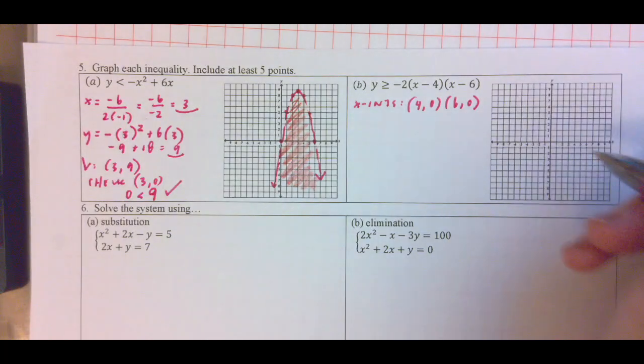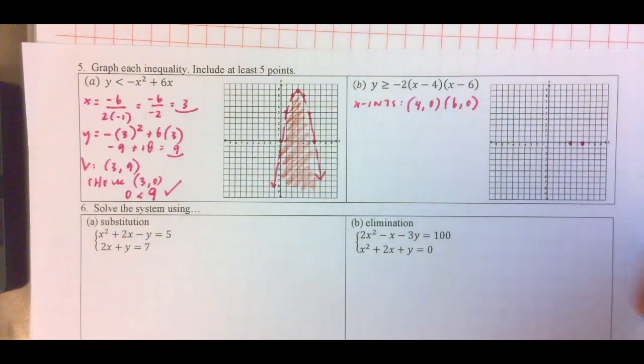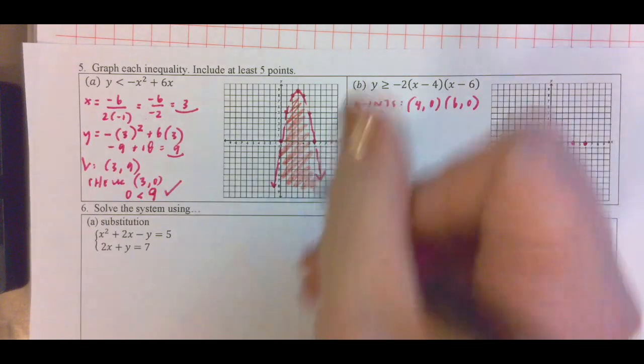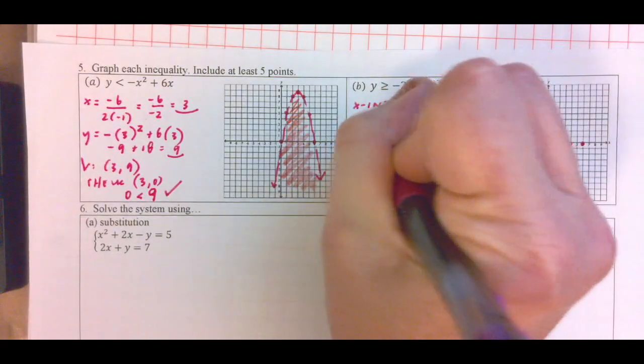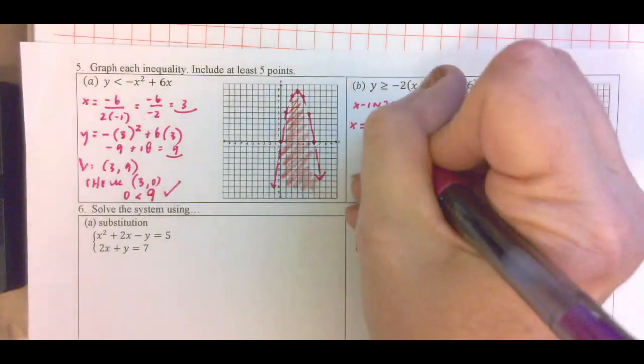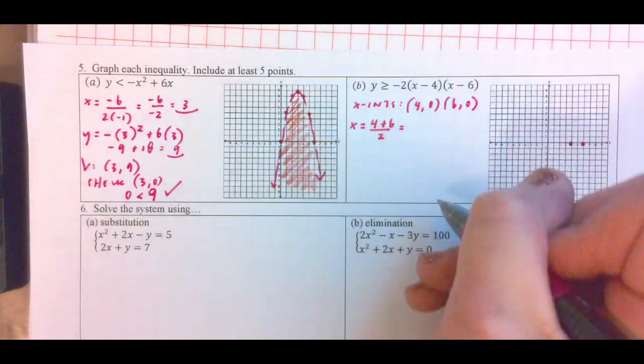I'm going to go ahead and plot those on my graph. And I know that my line of symmetry would be right in the middle. If I want to confirm that, I know that x equals p plus q over 2. 4 plus 6 over 2, 10 over 2 is 5.